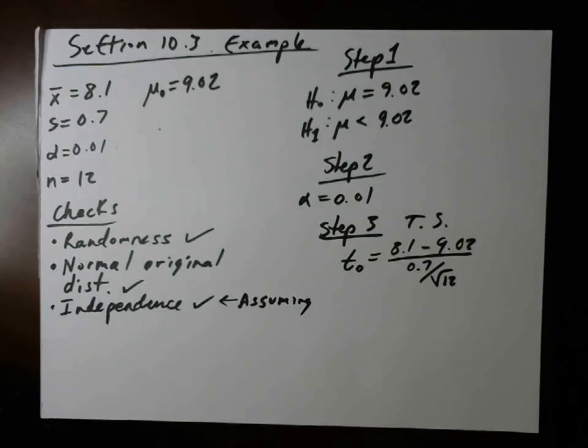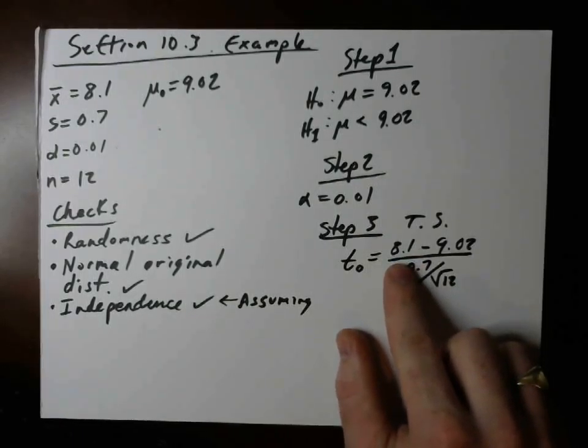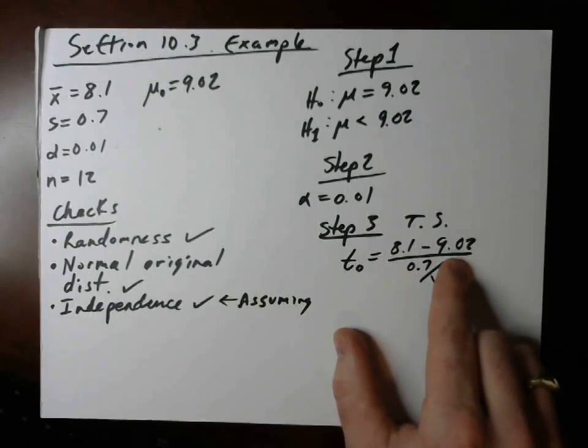So the numerator, just the numerator, 8.1 minus 9.02 is negative 0.92. So that's telling us that our sample data, or the average of our sample, 8.1, is almost a whole unit below the claimed value of 9.02.